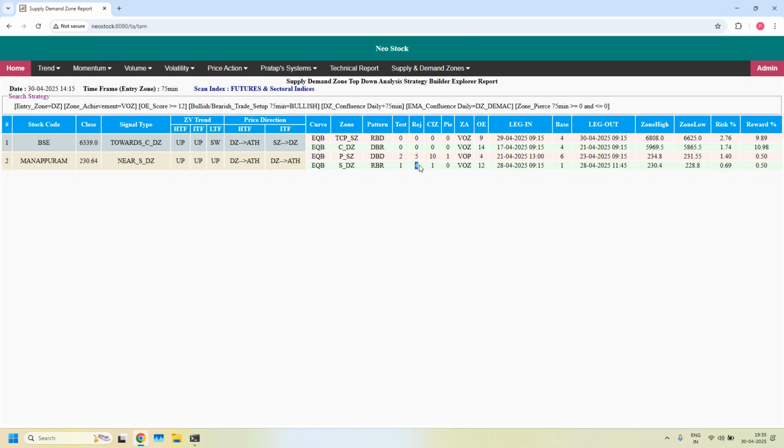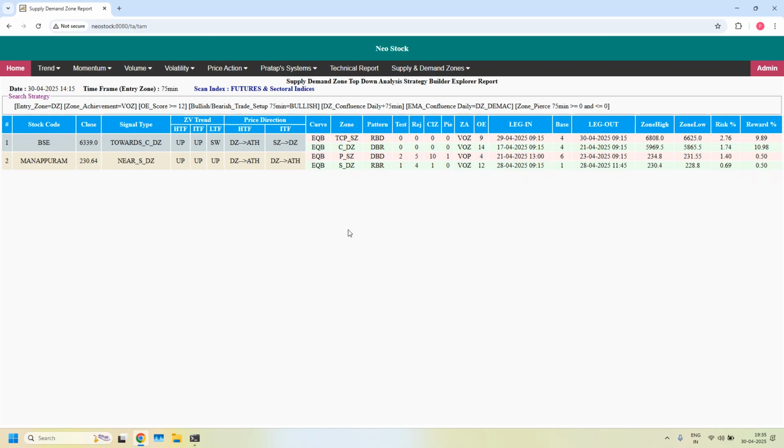Maybe that is the reason why this zone is already tested 4 times. But RR is not good. If you fine tune deep inside, you may get some RR. Okay, anyway, this is based on LTF and ITF demand zone confluence and ITF EMA confluence.